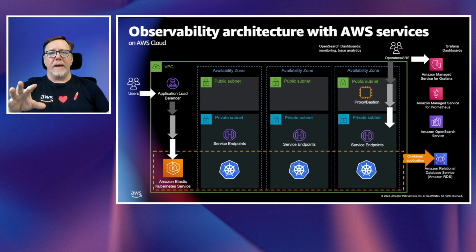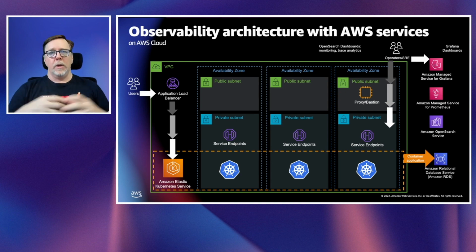Just a quick pass at how all of this would work in a container service. You have your VPC with your availability zones. You have your users sending application traffic in via a load balancer. It's all hitting your Kubernetes application, which potentially is running with Amazon RDS as a database layer.